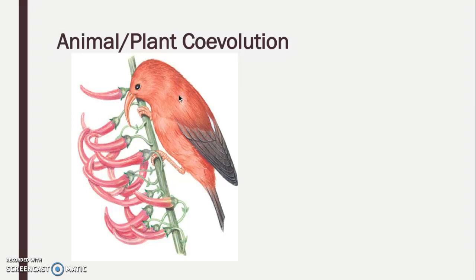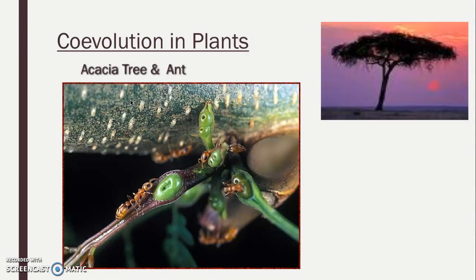Then there are interesting plant and animal combinations like this. So this bird has this long curved beak, and it's really just to fit this one specialized flower that it consumes. So it's able to stick its long skinny beak in there just to get the nectar from this flower, and it's specialized to do that. And there's a story of the acacia tree and the ants.